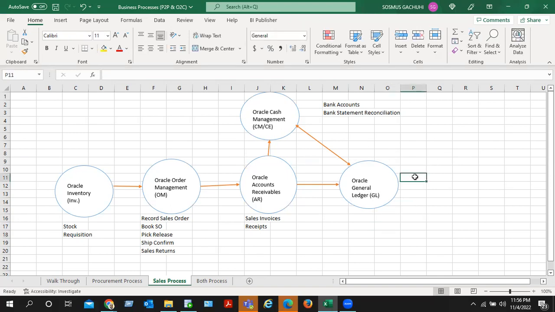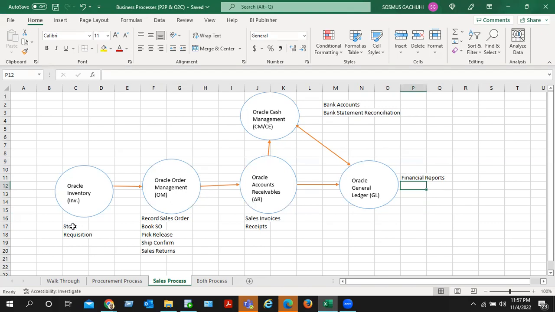The GL, the primary goal is to produce financial reports. Producing financial reports.